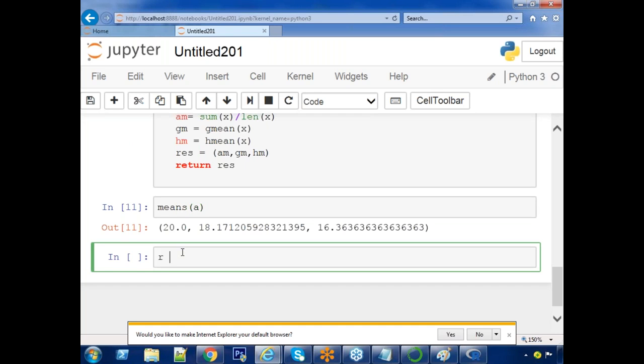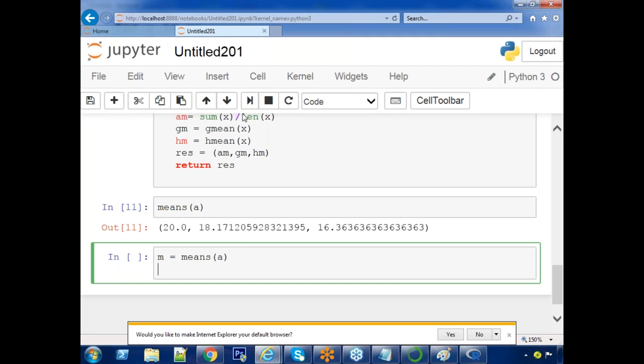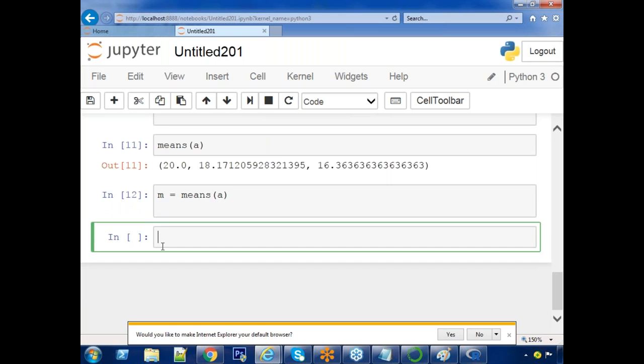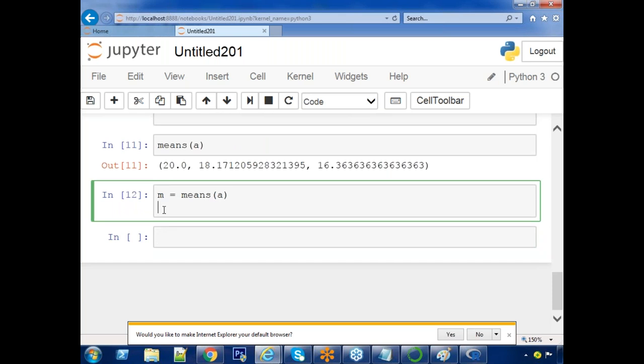I'm capturing that into, let's say, M equal to means of A. Now M is a tuple because we returned a tuple object. If you want to take only the arithmetic mean, say M of 0. Geometric mean, M of 1. Harmonic mean, M of minus 1 or 2. That's it. Understand?